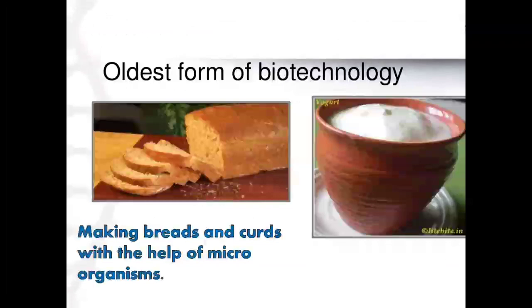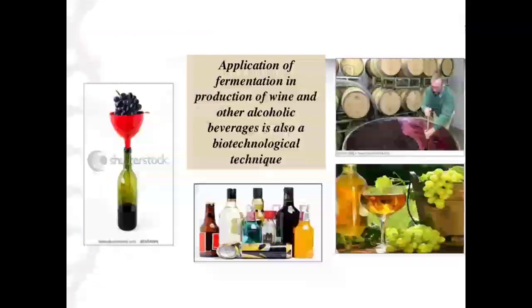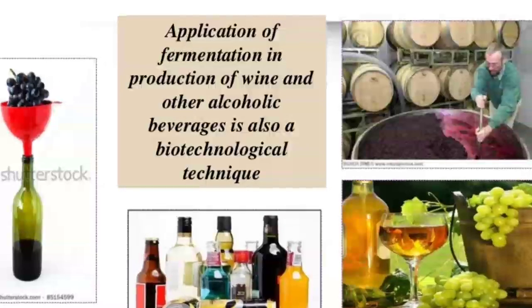In ancient times, we know that there were very old biotechnological examples. For example, making bread or making curd with the help of microorganisms. The oldest forms of biotechnology mean the manipulation of biological organisms or their products for human beings. A few applications of biotechnology are fermentation.